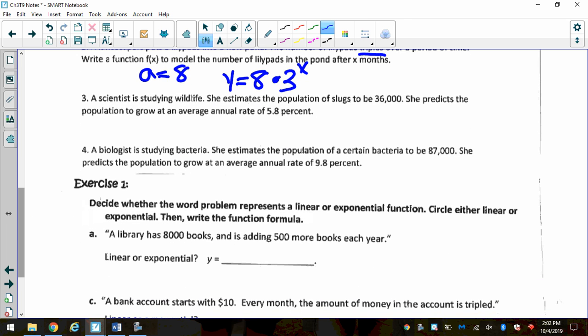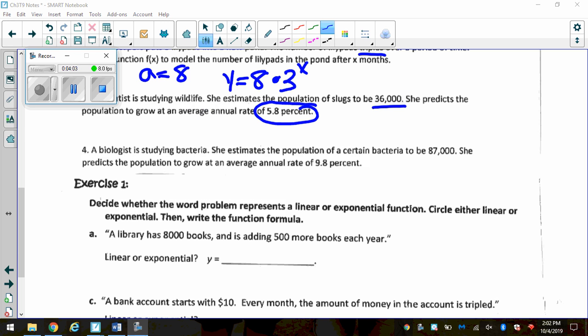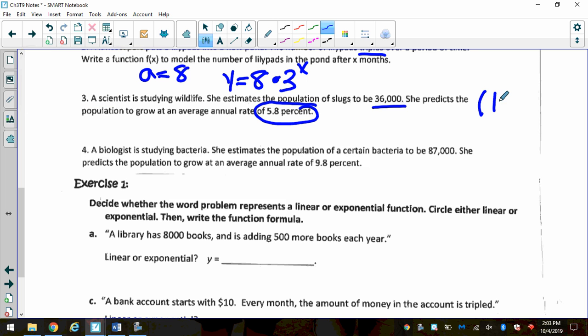Let's try number 3. Scientists are studying wildlife. So we have 36,000 slugs, and that we're growing at an average rate of 5.8%. So this time, since they didn't tell us it's doubling or tripling, we're going to use the fact that your B is going to become 1 plus your rate as a decimal.